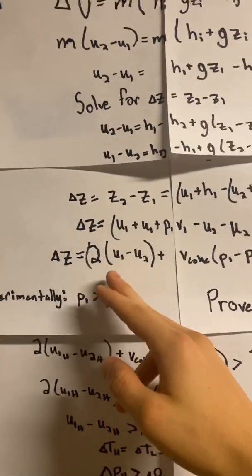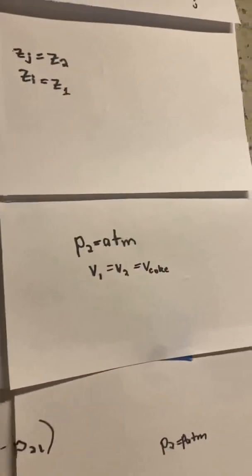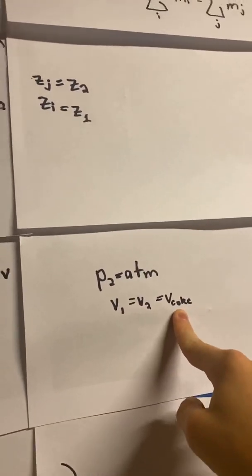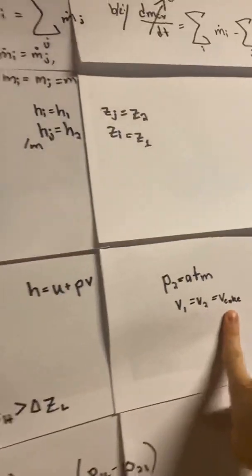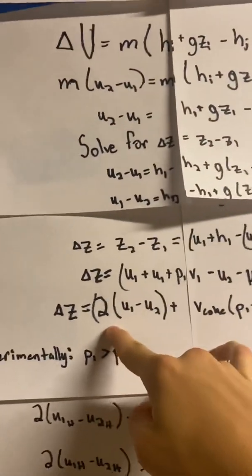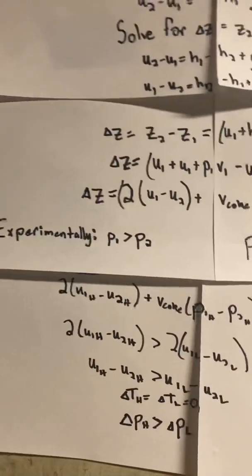And we assume that our specific volume v1 equals v2 equals, we're going to call it v sub coke, because at the beginning we assume Diet Coke is incompressible, which would mean the specific volume is the same. And then here we have the factor 2 in front, just adding those together.